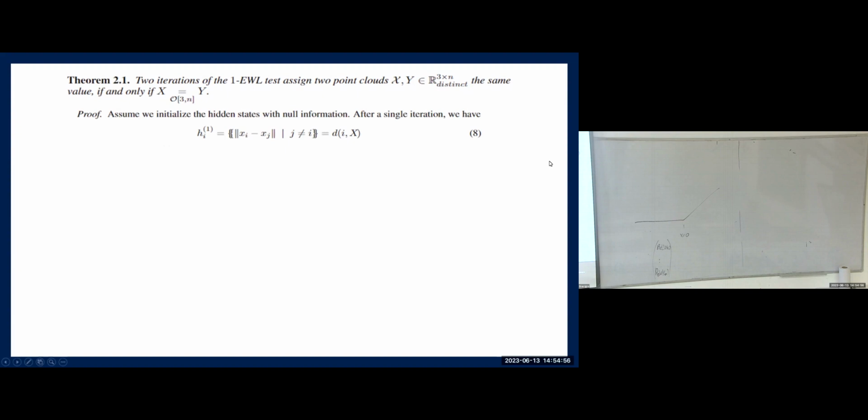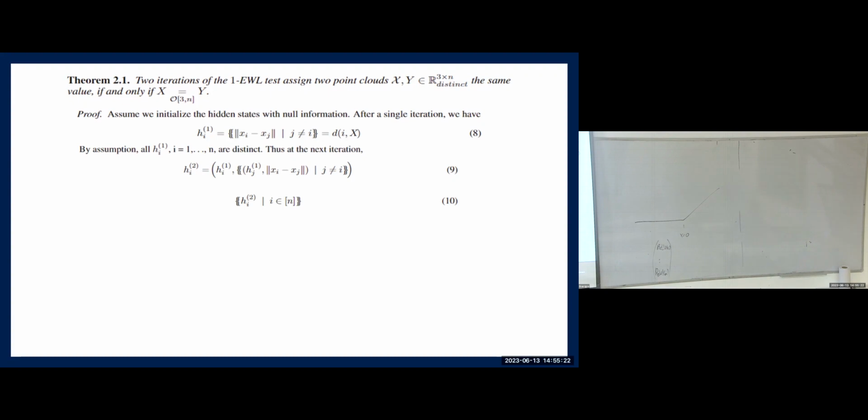The first hidden state has all of the distance information. Each hidden state has the geometric degree of the ith node, just by definition of one EWL. And we assume that all of these geometric degrees are identical.